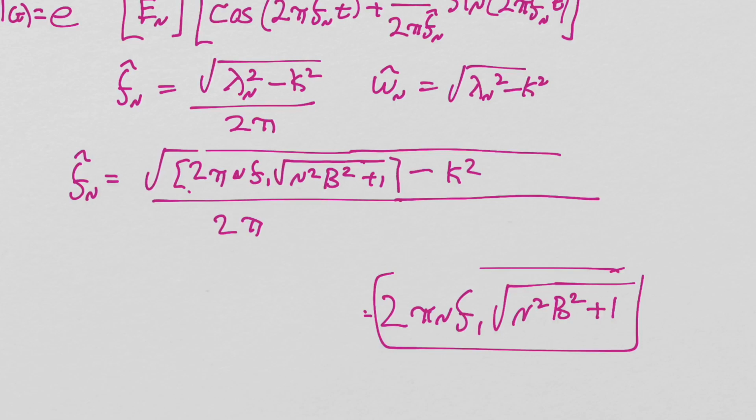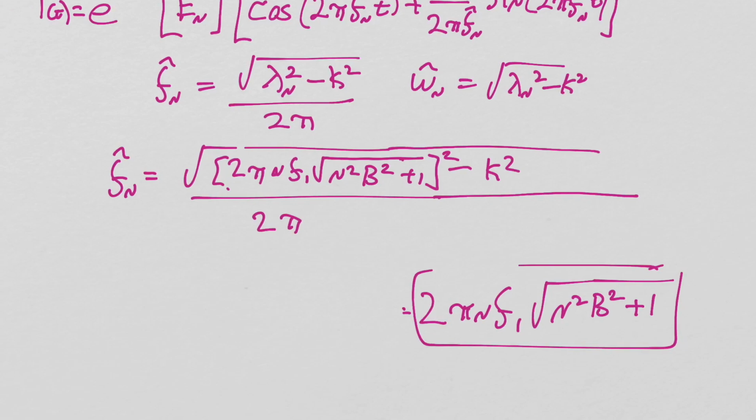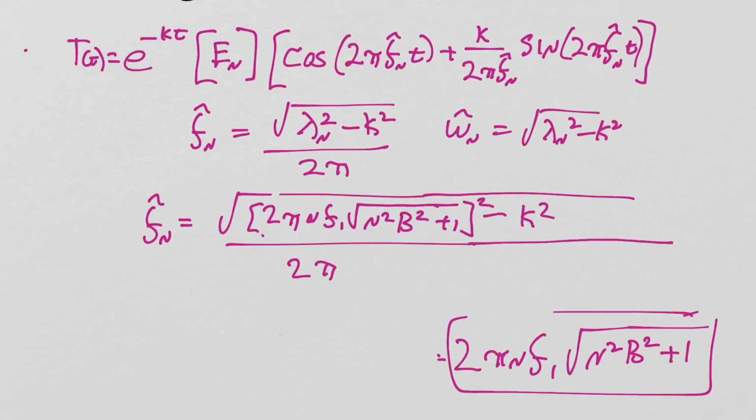And it's that squared, because remember, lambda squared. This is lambda, so I have to take all of that and square it. And this is our new expression for the frequencies of oscillation. And notice it goes here. This whole mess goes in here, goes in here, and goes in here. And that is our solution for t.